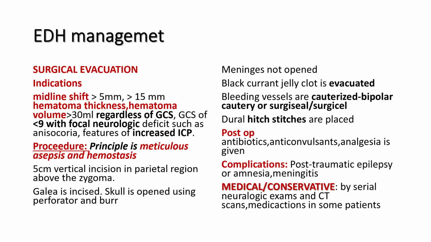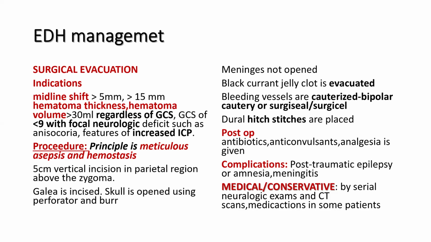We are supposed to learn it the way we learn scissors during internship, but we have not had that opportunity largely. We hope to get that opportunity during the training. So the principle is meticulous asepsis, because you don't want to have any infection inside that brain.